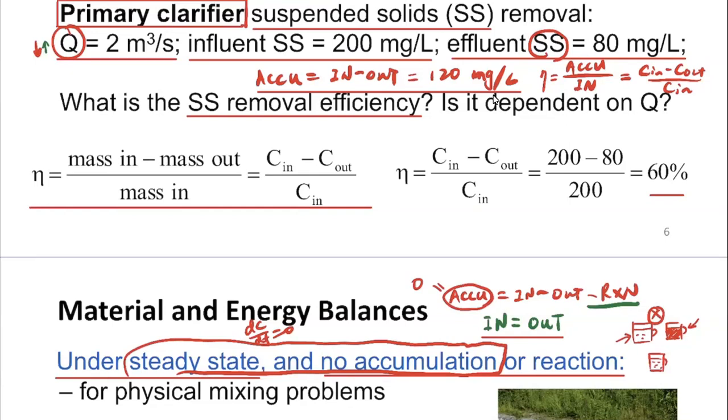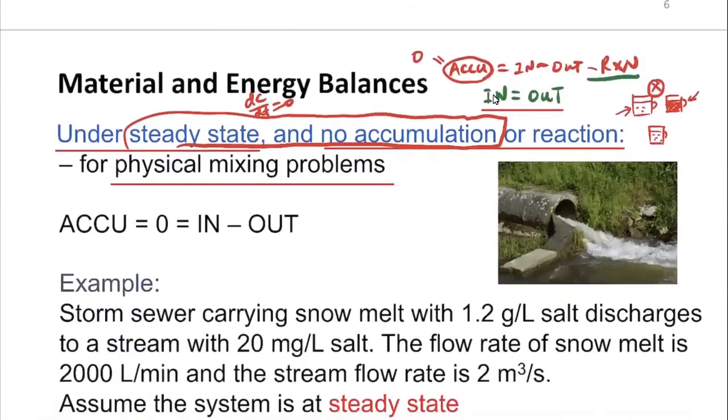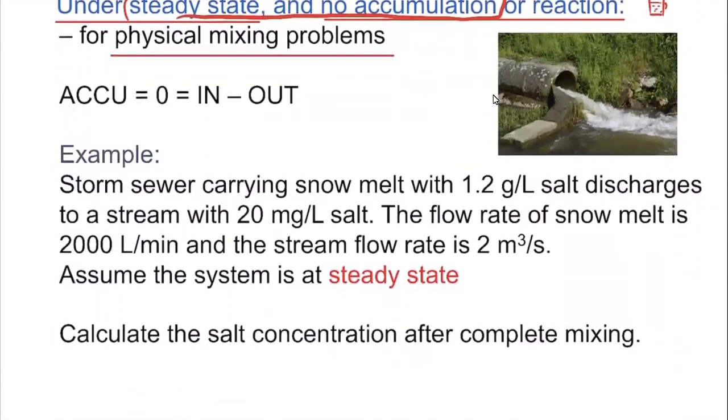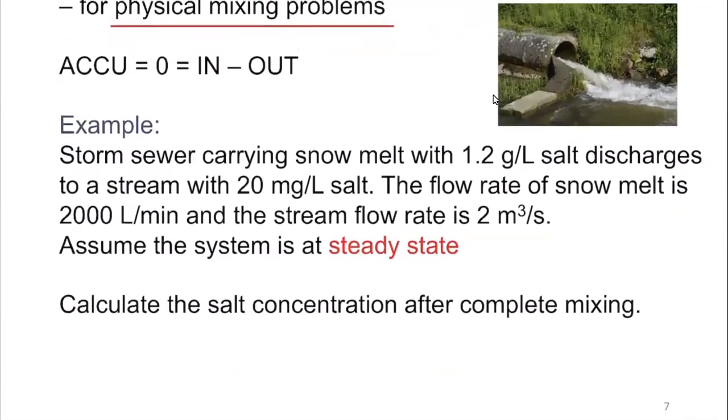So the amount of caffeine into this mixed coffee and the amount of caffeine out of this coffee, this is just going to be a physical mixing problem. Okay, so here I'm also going to give you an example, and we can spend some time to discuss how we can solve it.